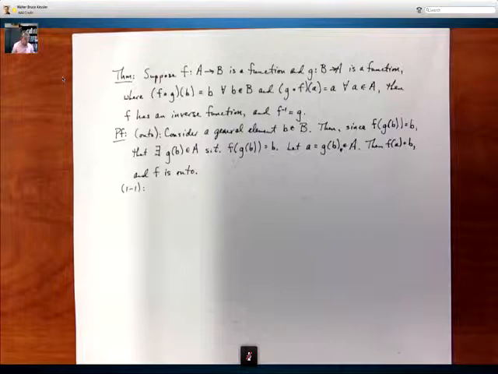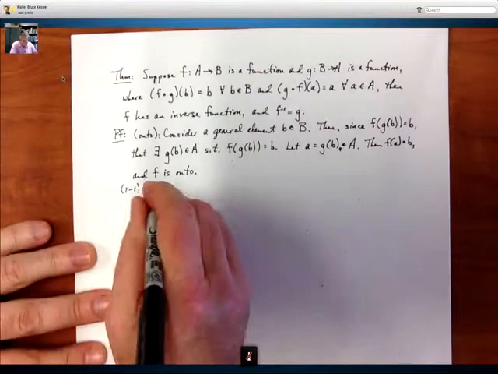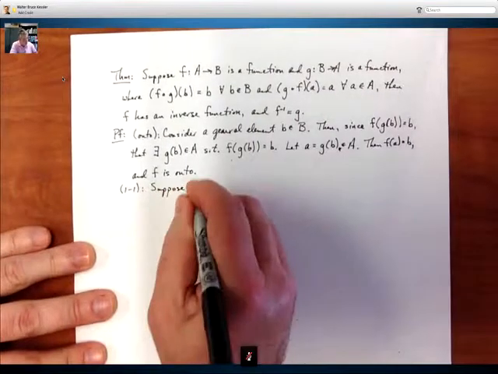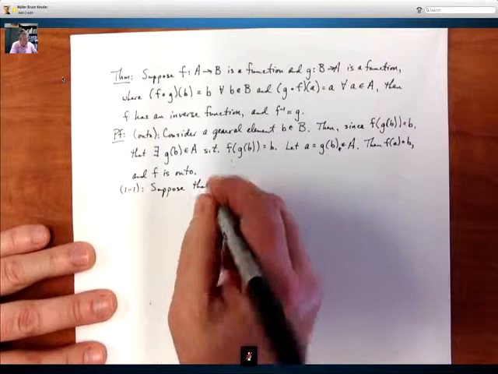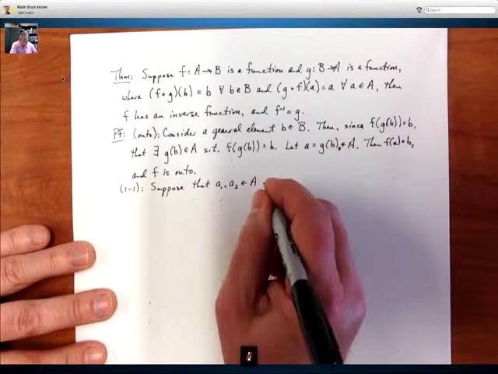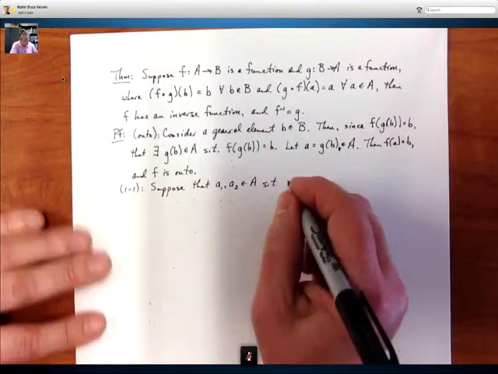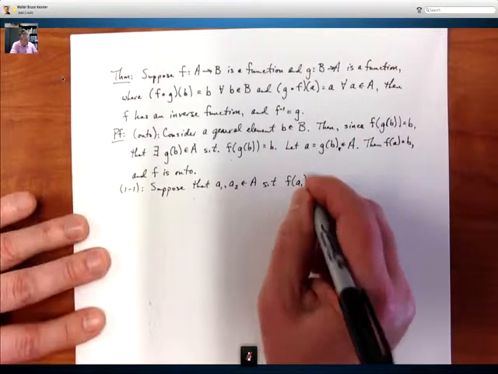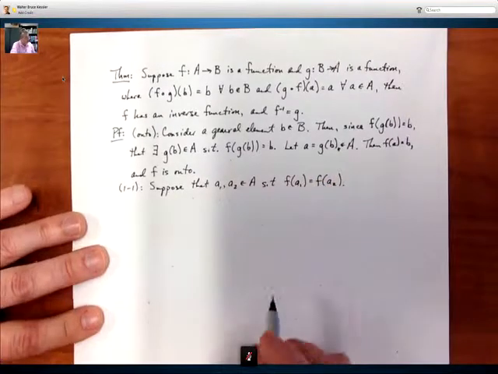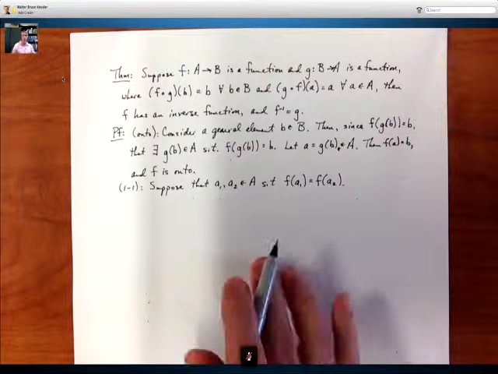Now let's tackle one-to-one. So again, this is exactly the way we did the other proof just a second ago. Suppose that I've got A1 and A2 such that F of A1 equals F of A2.